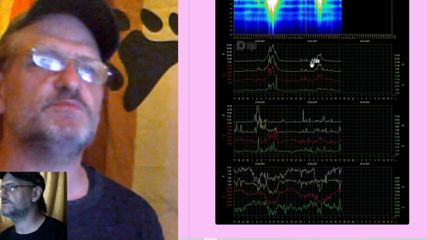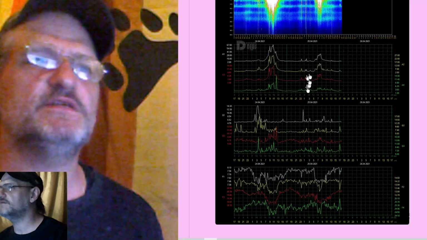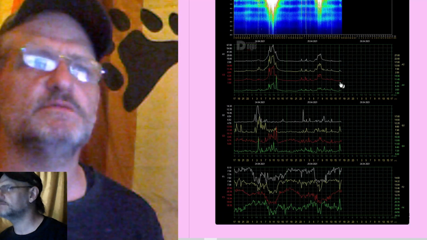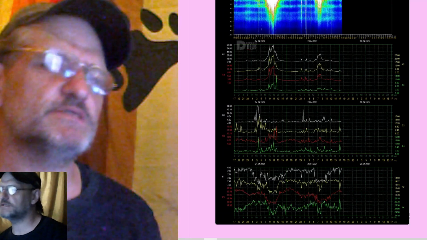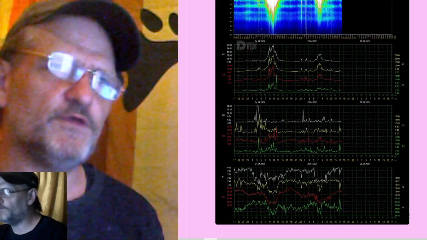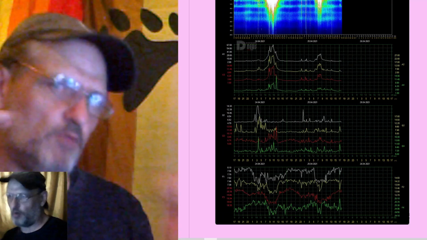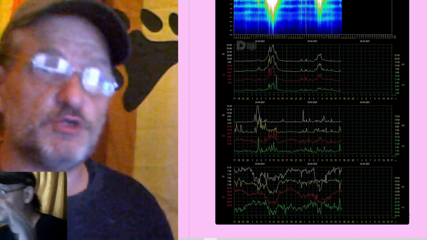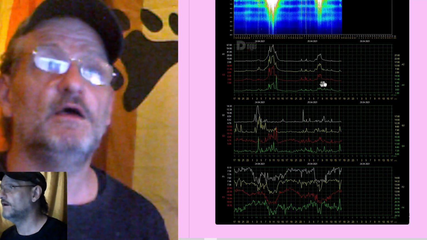What I call a synchronous mode is like nested dolls. Whenever you have these identical looking spikes, close enough to identical, this is coming from high up. This is high voltage. The shapes are all matching up across the whole spectrum, so it's getting the whole spectrum of the signal.